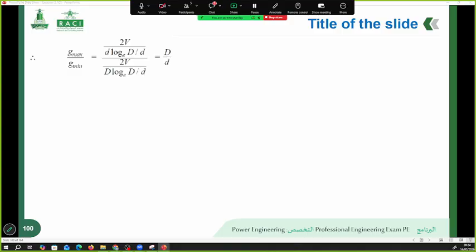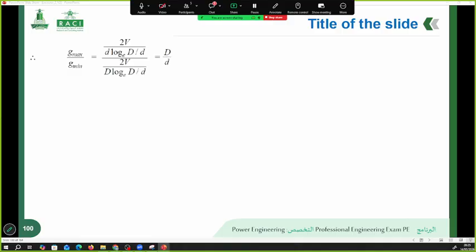So the ratio of maximum to minimum dielectric stress in a single core cable is an important parameter for understanding how the dielectric field is distributed across the insulation. From the previously derived expressions, the maximum dielectric stress occurs at the conductor surface and is given by G max, while the minimum stress occurs at the shield surface and is given by G min.